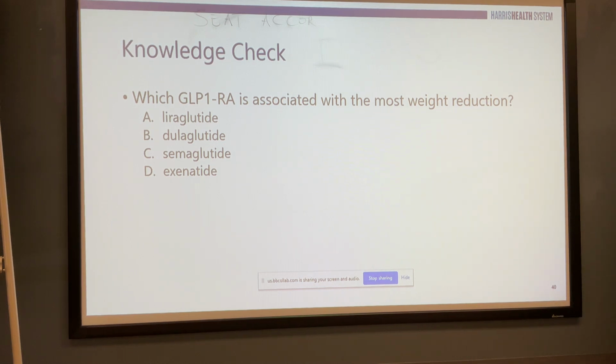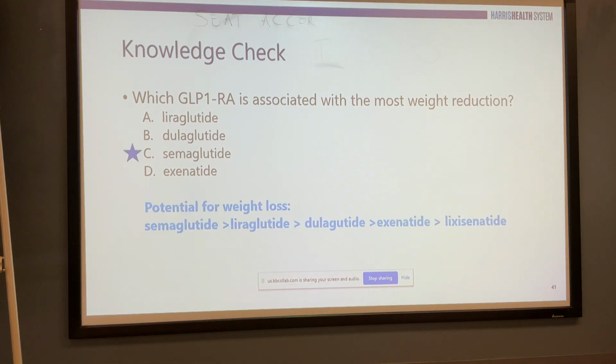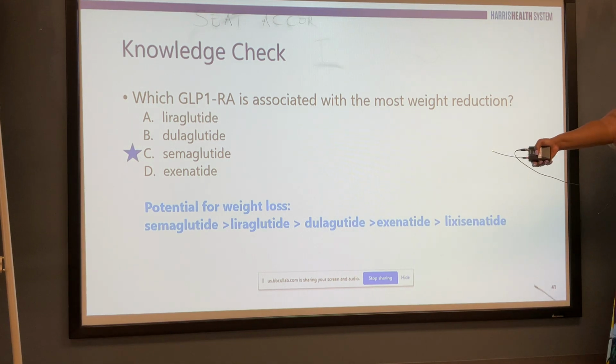But what's the other name for Saxenda? So, okay, the answer is actually C. So remember the scale, semaglutide provides more weight loss than tirzepatide. Okay, so that's the order.